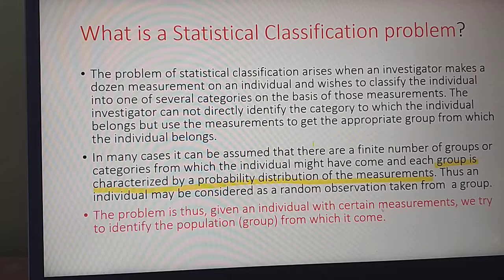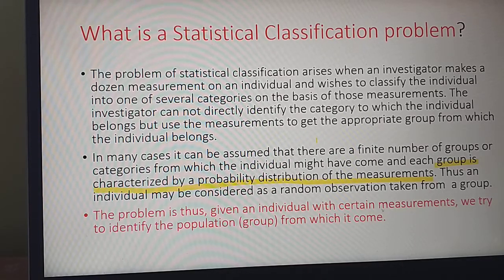We understand we have an individual and we have K populations. The individual belongs to one of the K populations, suppose, but we cannot directly identify the population to which the individual belongs.